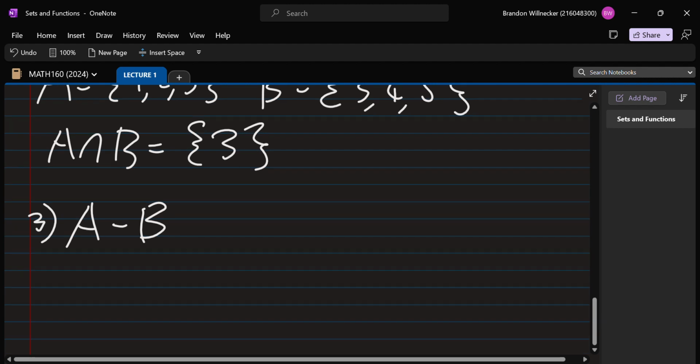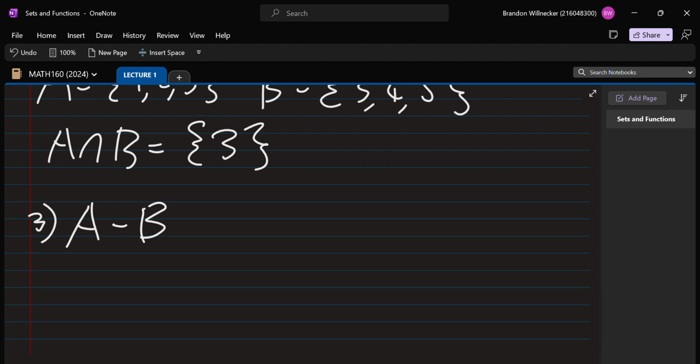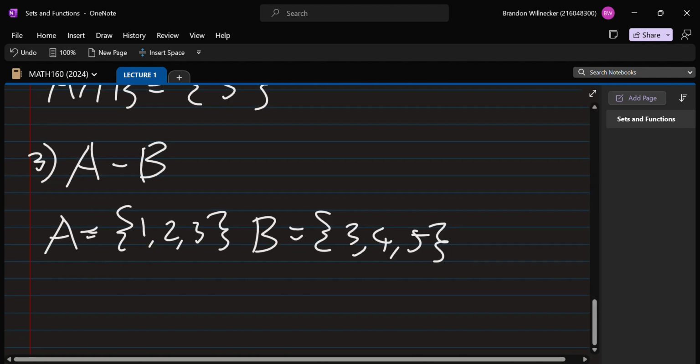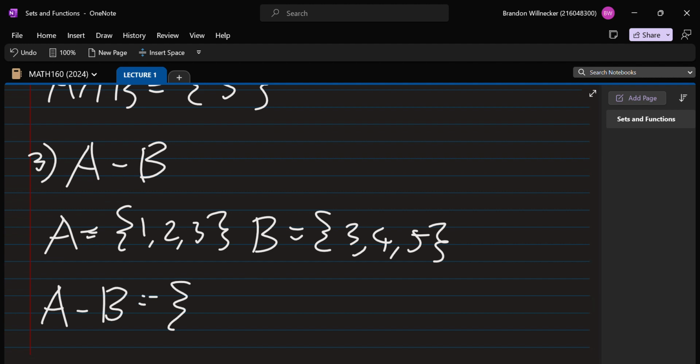So this is precisely what it says. We're going to take the set A and take away anything that's in B, like the usual difference. So A, let's use the same set, 1, 2, 3. B is 3, 4, 5. Now we're going to take A and take away anything from B. We see that A has a 3 and B has a 3, so we can take that away.